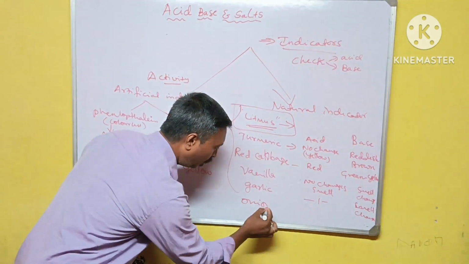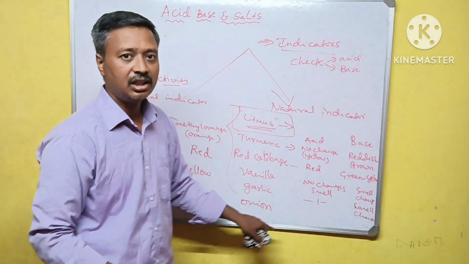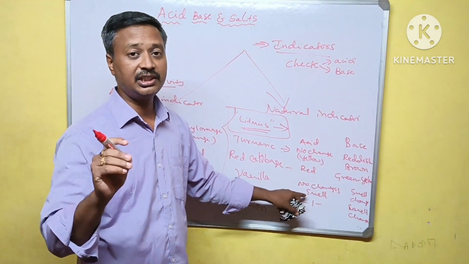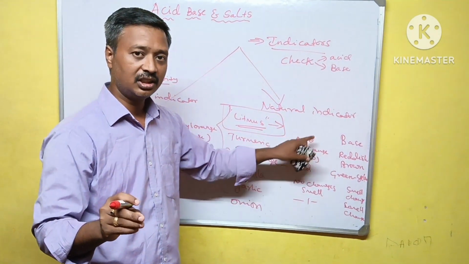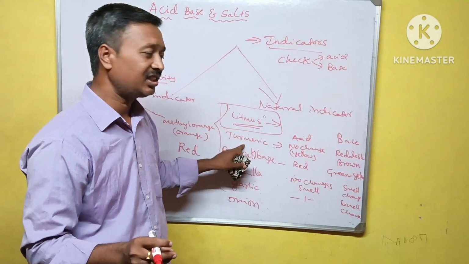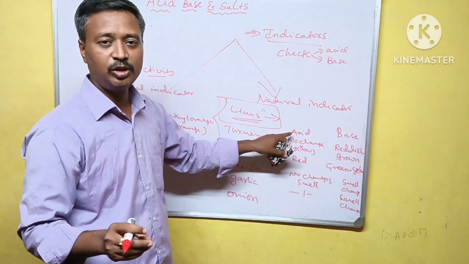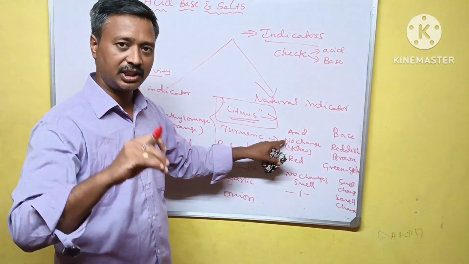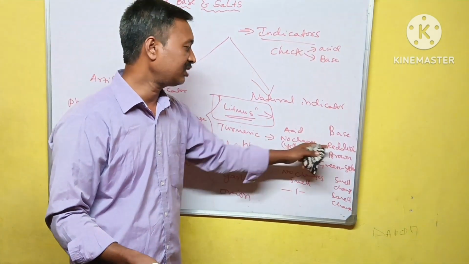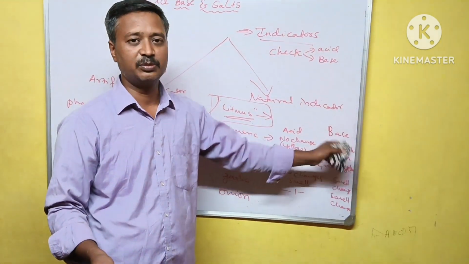Onion, garlic, vanilla: no change in the smell with the acid. With the base, the smell changes. Turmeric is basically yellow in color. When you pour acid on turmeric, it remains yellow. When you pour a base on turmeric, it changes to reddish brown.